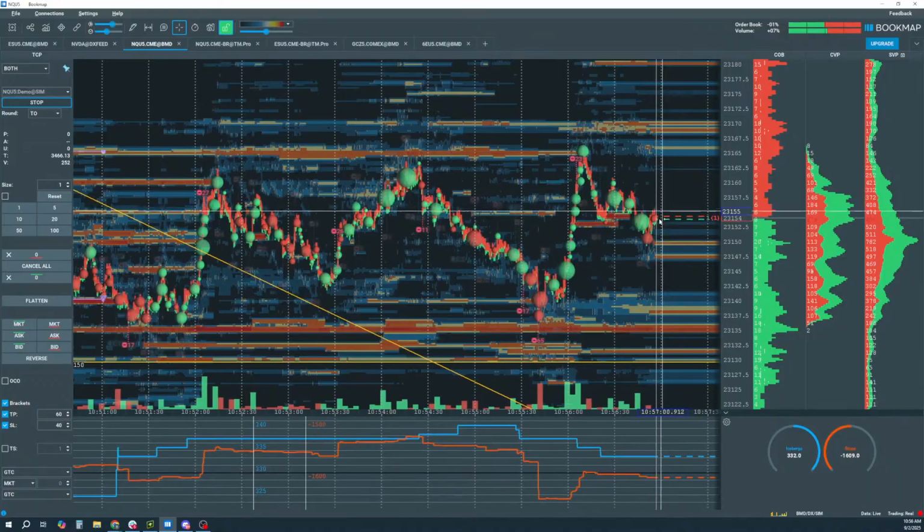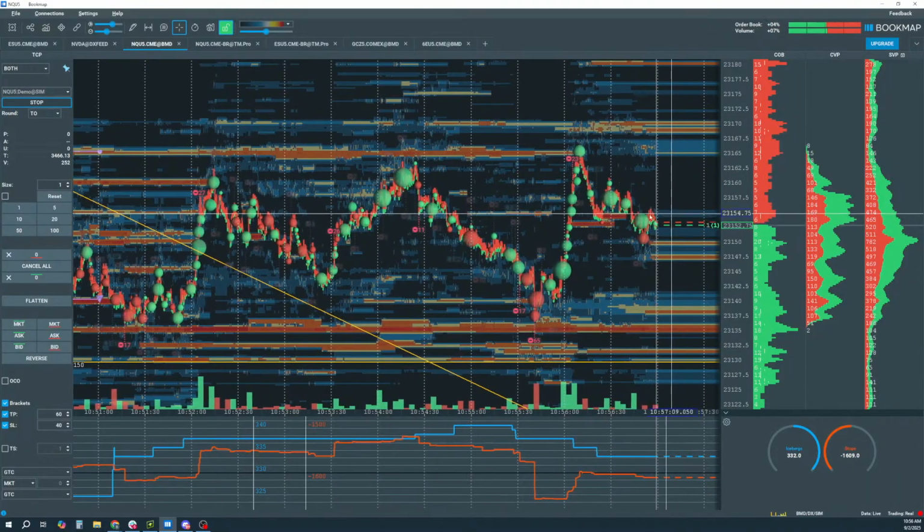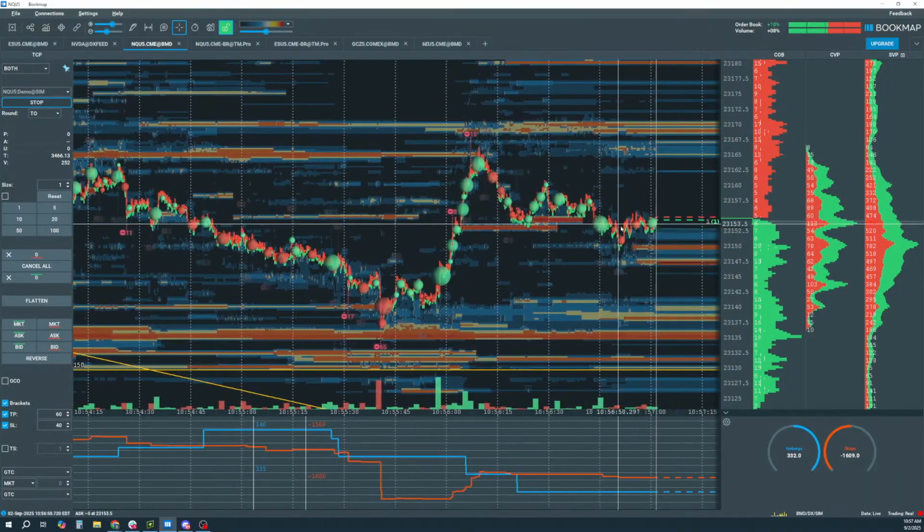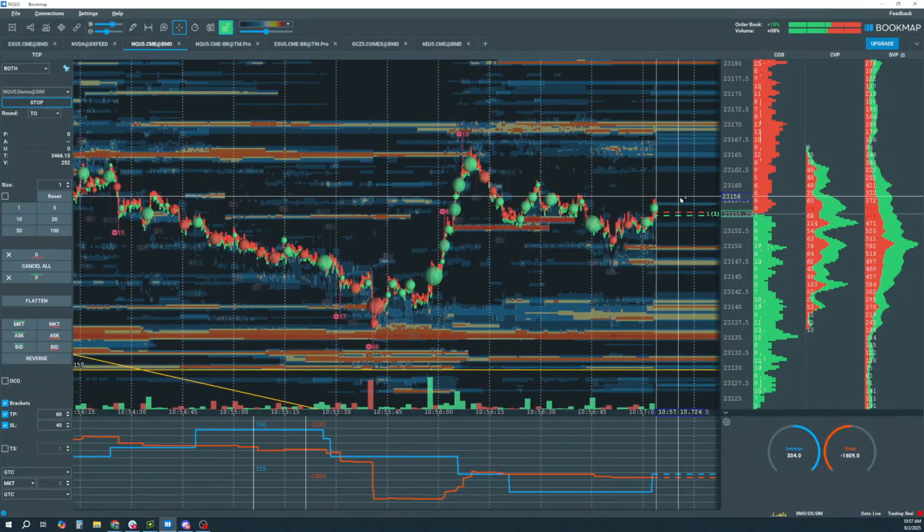Let's see if we get our buyers coming back in. Okay, we got a micro one right here. It's more like a flag pattern.